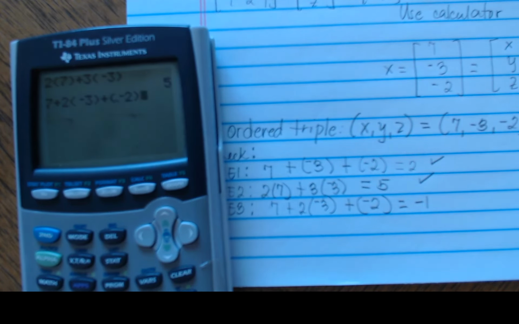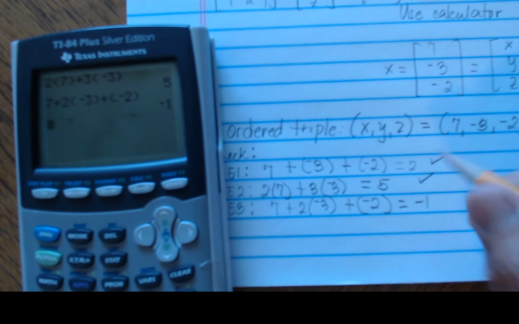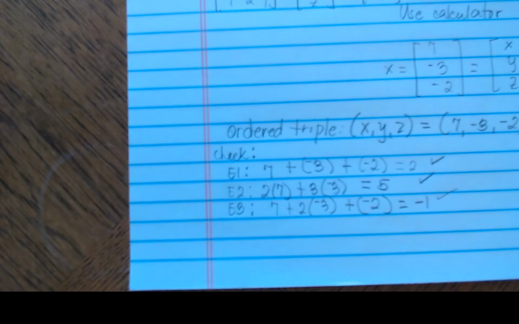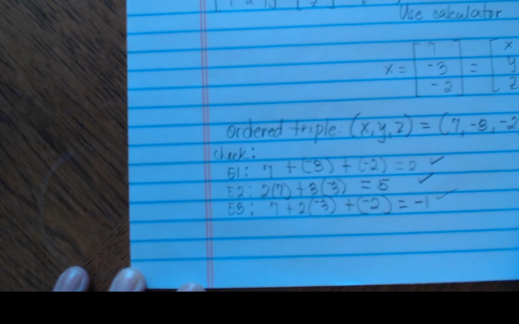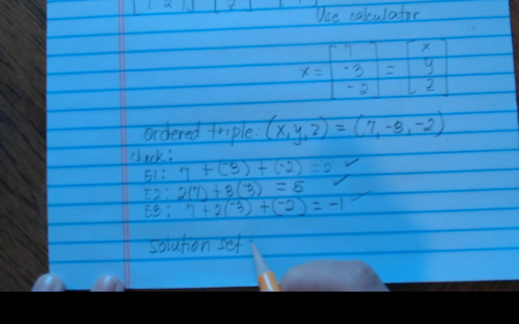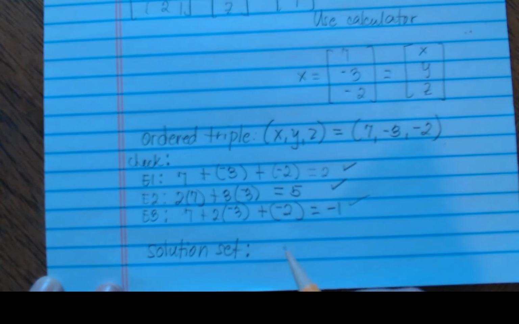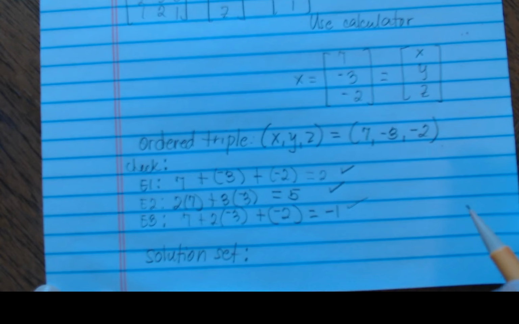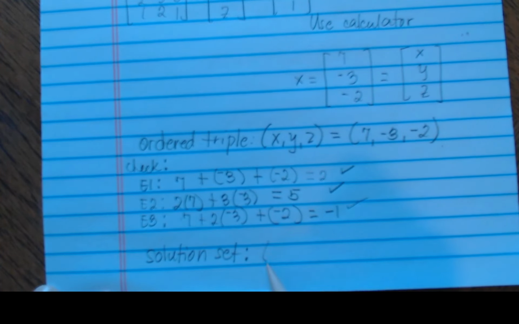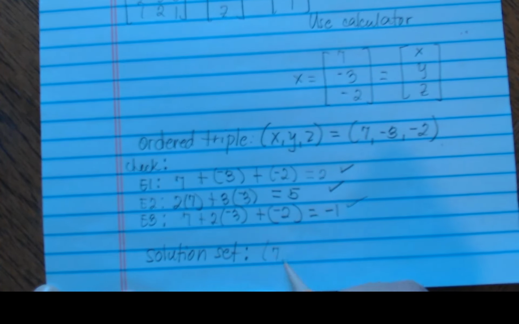I'm expecting a negative 1. It checks out, so therefore that's correct. So that means the solution set, meaning the set of numbers that can satisfy or make the 3 equations true, are 7 for x, negative 3 for y, and negative 2 for z.